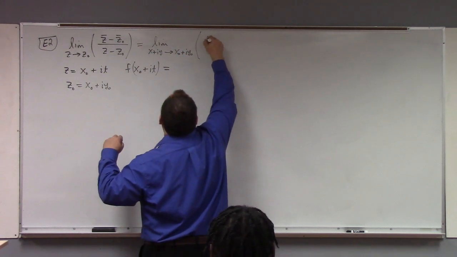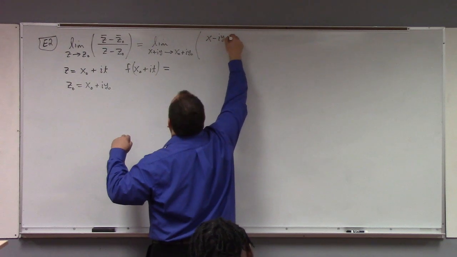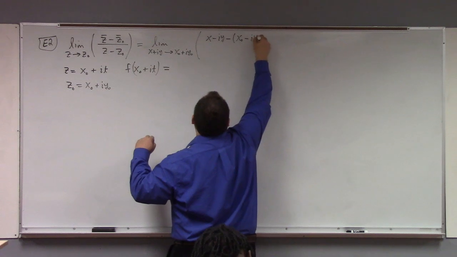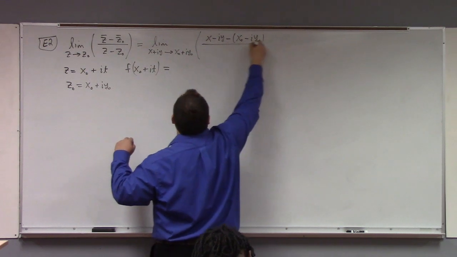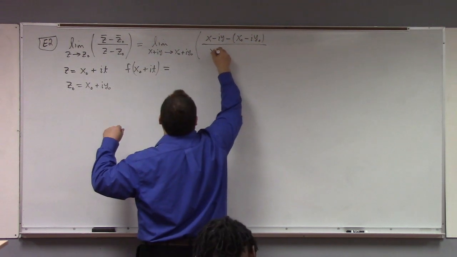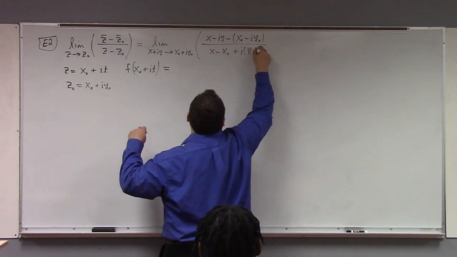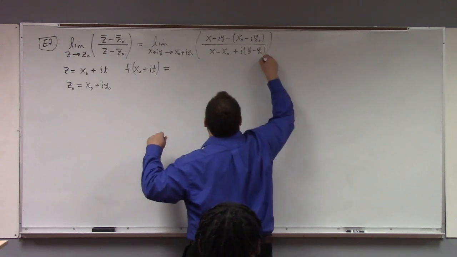So we have x minus iy minus parentheses x naught minus iy naught. That's the z bar and z bar naught. And down here I've got x minus x naught plus I times y minus y naught, right? If I write it all out.